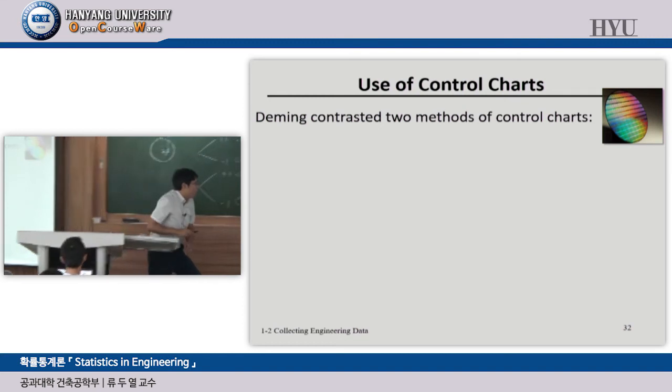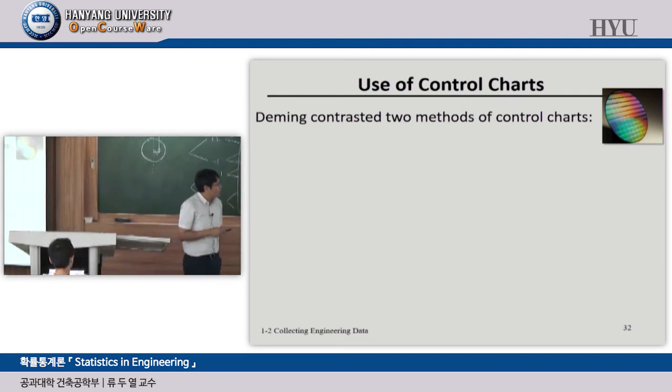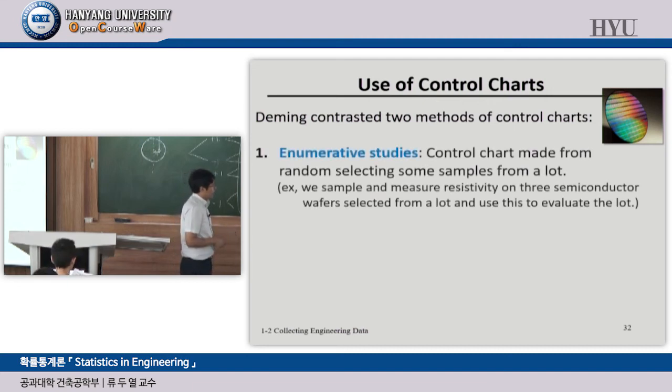Now we are going to talk about the 2 different methods for the control chart. One is the enumerative study, in which we use the control chart made from randomly selecting some samples from a lot. For example, we can sample and measure the resistivity on 3 semiconductor wafers, 반도체 in Korean, selected from a lot, and use this to evaluate the lot.